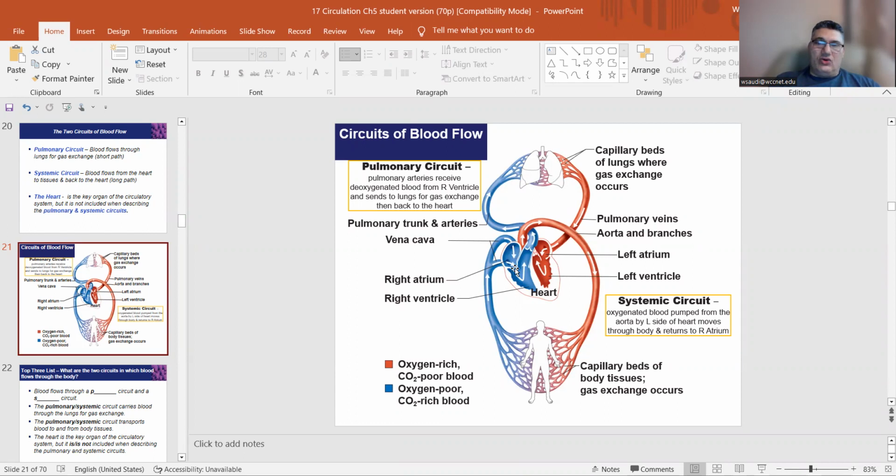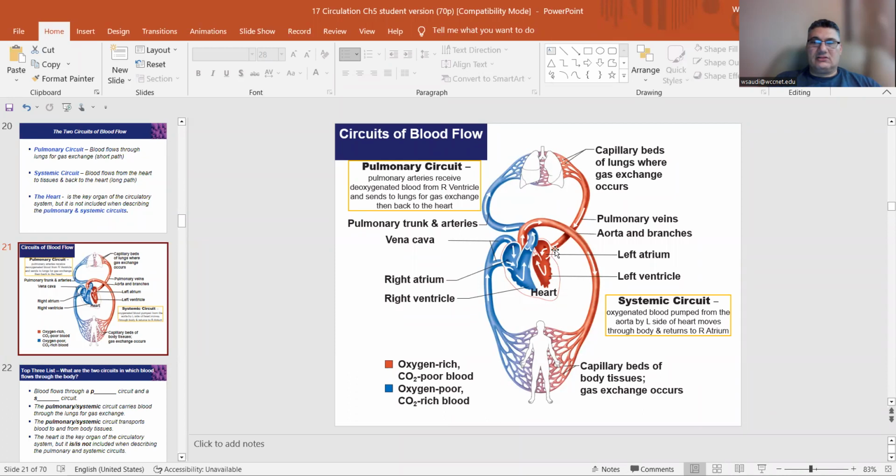Right atrioventricular or tricuspid valve, right ventricle, deoxygenated. Pulmonary valve, the pulmonary artery, deoxygenated. Pulmonary artery takes it to the lung, still deoxygenated. Lung, getting rid of the carbon dioxide and gaining oxygen. Now it's the other part. Now it's oxygenated blood, and that's why it's red.